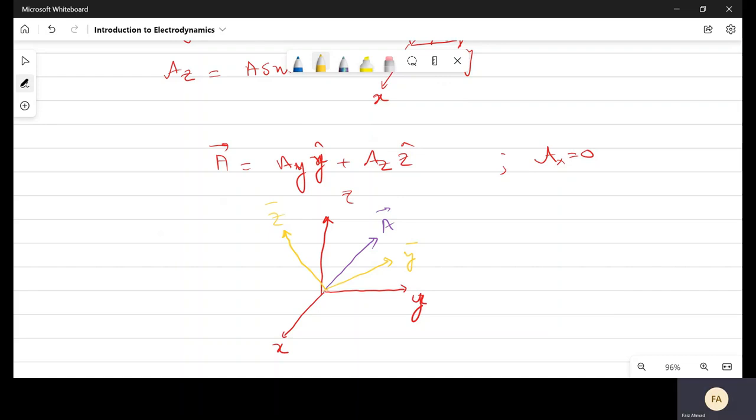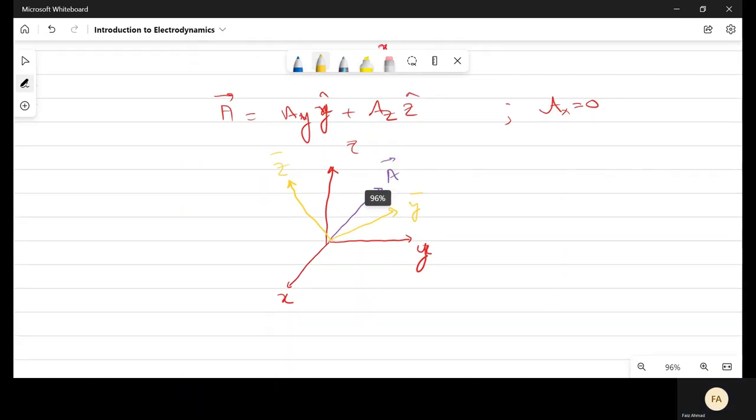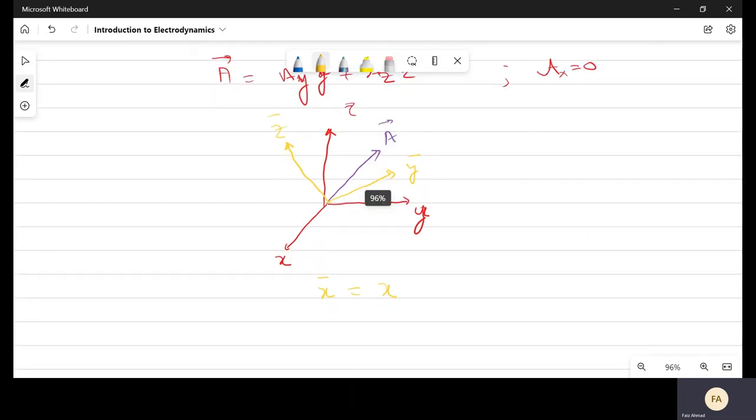So x prime is equal to x, so it's fixed. We rotated the other two axes, and the angle initially was theta.